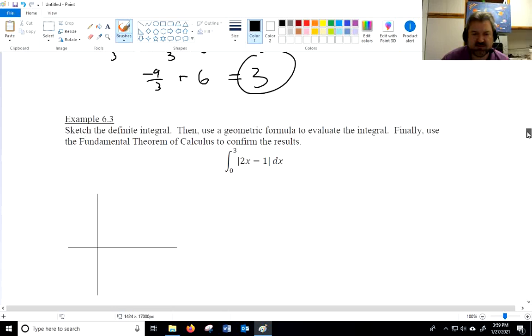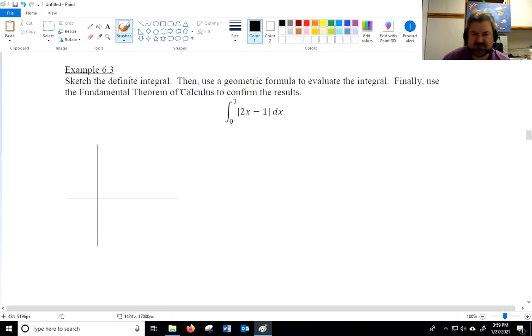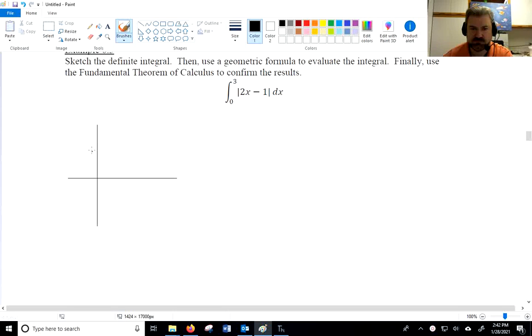Okay. So on 6.3, we're going to use a definite integral and then use a geometric formula to evaluate it. So we'll be using geometric formulas and the fundamental theorem of calculus. Okay, when we plug in 0, we get 0 minus 1, which is negative 1, but the absolute value of that is 1.